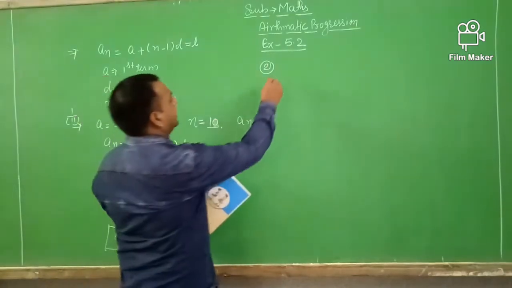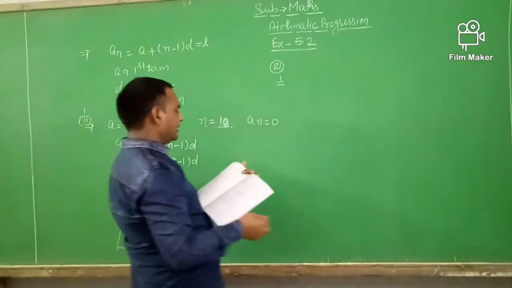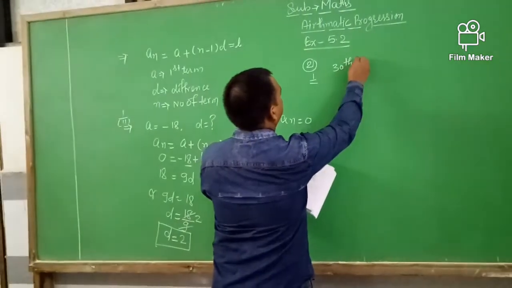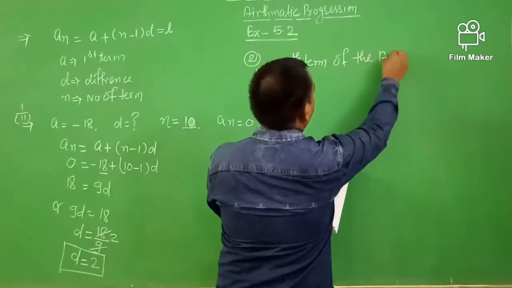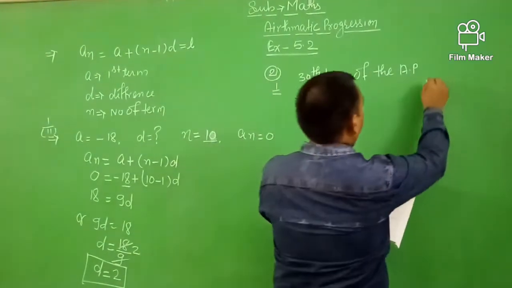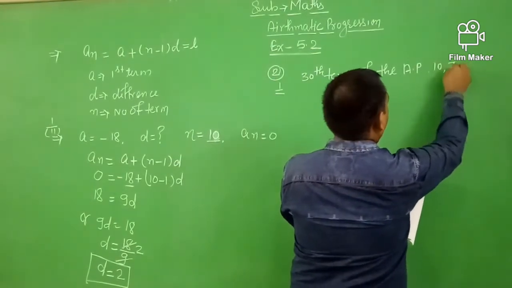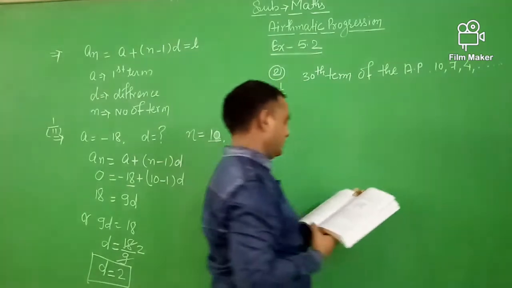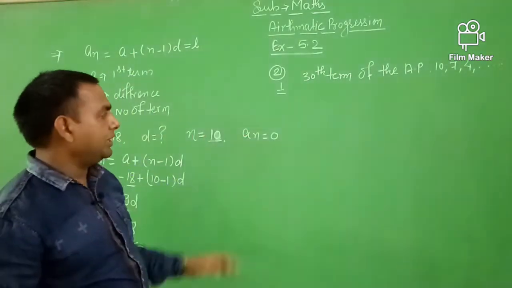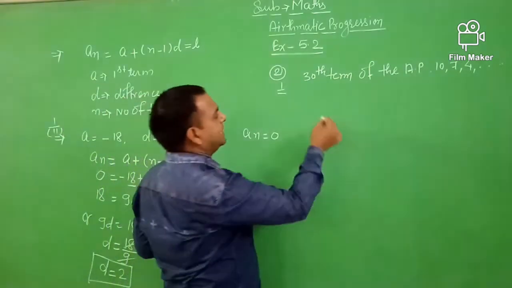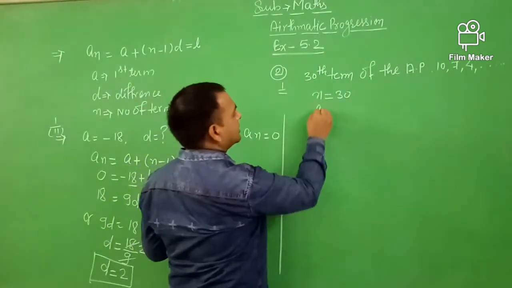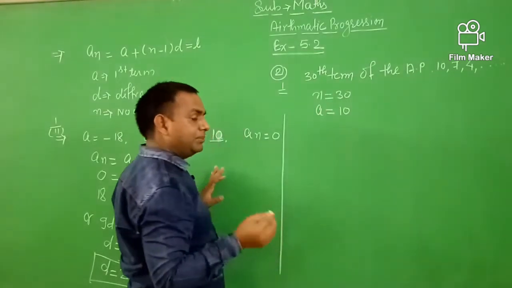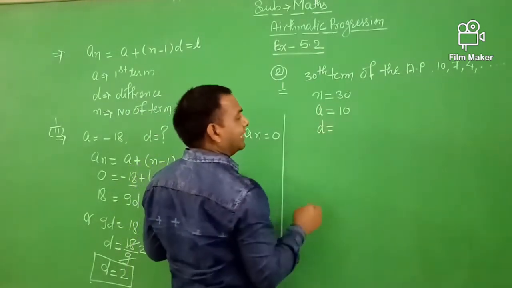The first part: the 30th term of the AP 10, 7, 4, and so on. You want the 30th term of the AP, so n is equal to 30. a means the first term, so a is equal to 10. d means the difference, d is equal to the second term minus the first term.